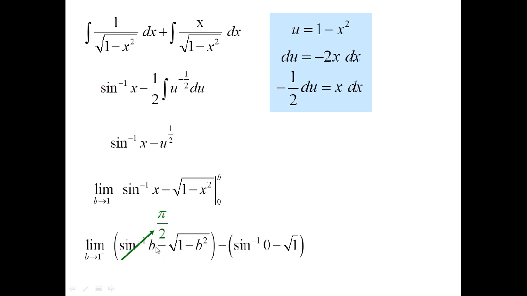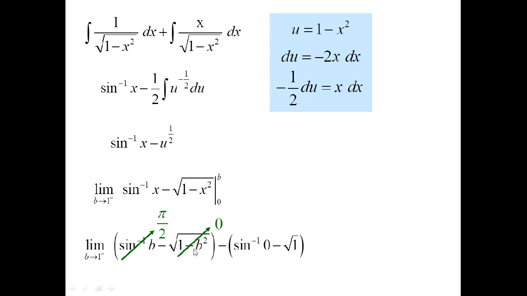Well, the inverse sine of 1 is pi over 2. That's not right. Yeah, it is. Sorry. Inverse sine of 1 is pi over 2.